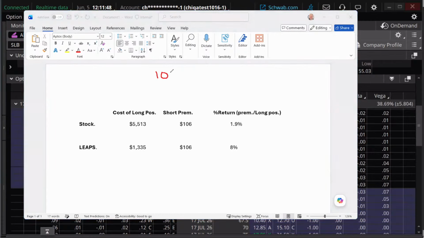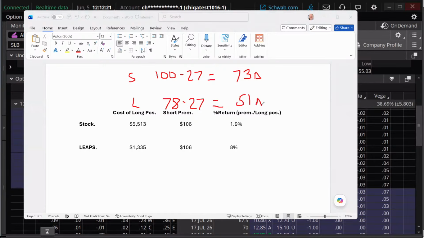If you buy the stock, 100 delta, and the short contract is 27, your net delta is going to be 73. In the case of the LEAPS contract, the delta we chose was 78. We just looked at that. The short contract is still 27. And so our net delta is, if I'm doing my math right, 51.